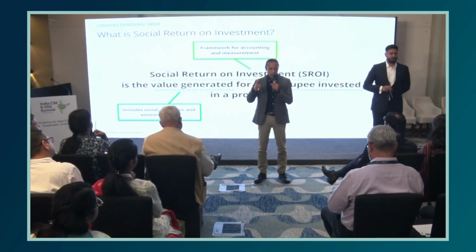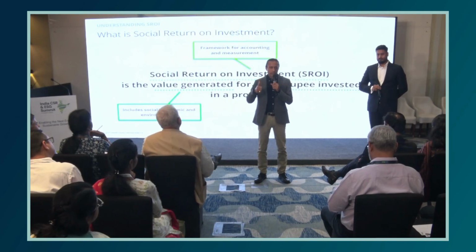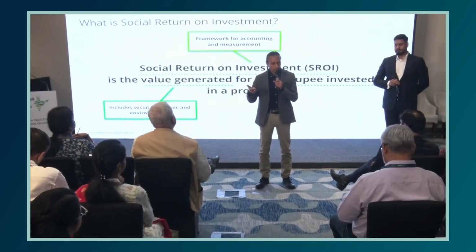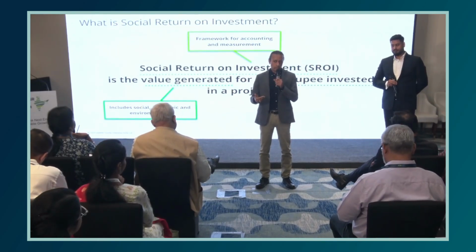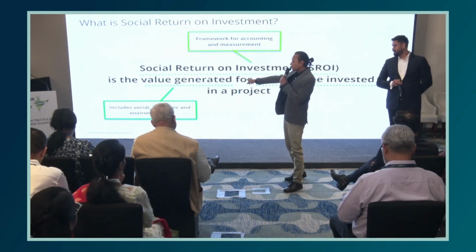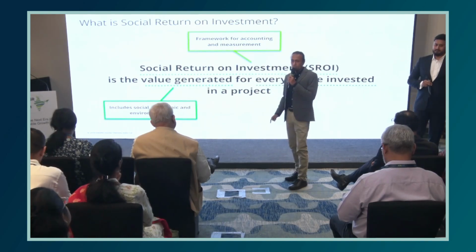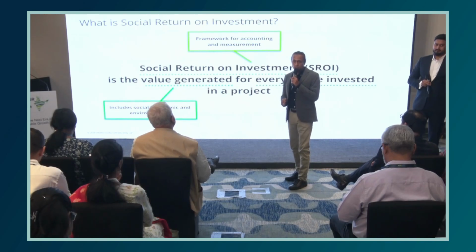So first complication: what is value? That's a big, hairy, wicked problem. Second complexity: how do you measure qualitative value? Capacity, capability, agency. I'll add a third part and complicate life for myself even further: social, economic, and environmental. You are creating social value, but what if the economic value is not getting created?